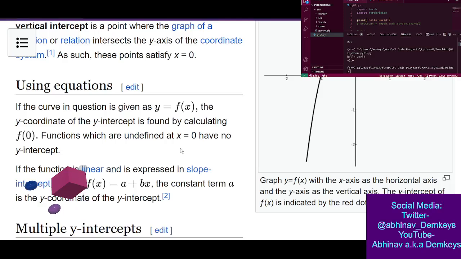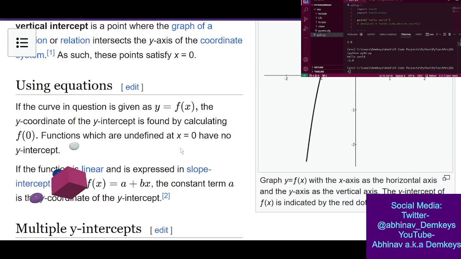Using equations, if the curve in question is given as y equals f of x, the y-coordinate of the y-intercept is found by calculating f of 0. Oh wow, that's clever. Because we're talking about f of x, so to find the y-intercept, we find the value of f of 0.